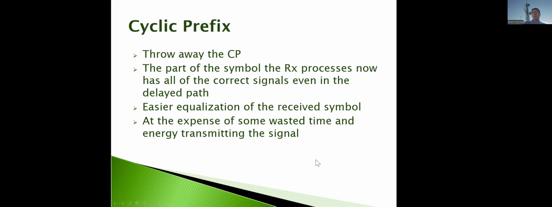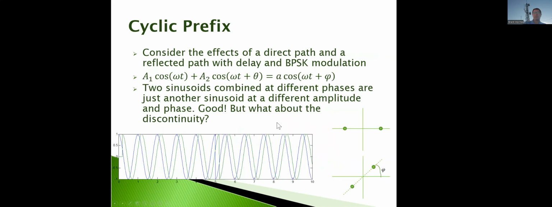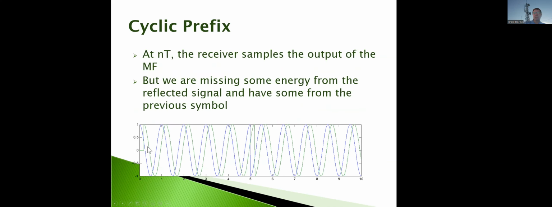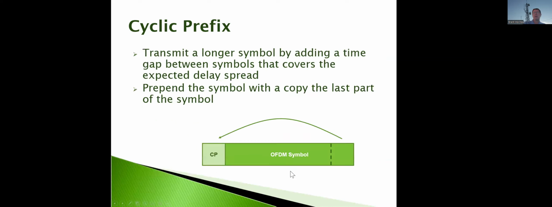So we're not going to have to try to equalize all this out. I know we didn't talk about equalizers in this course. We really didn't have time. That's a challenging type of thing to compensate for in your receiver.